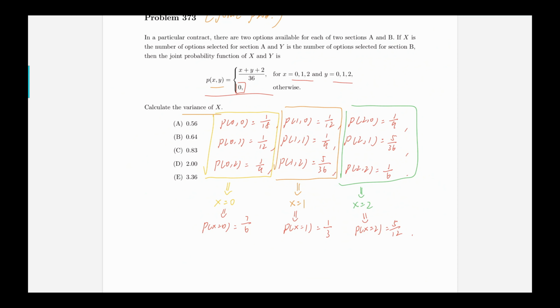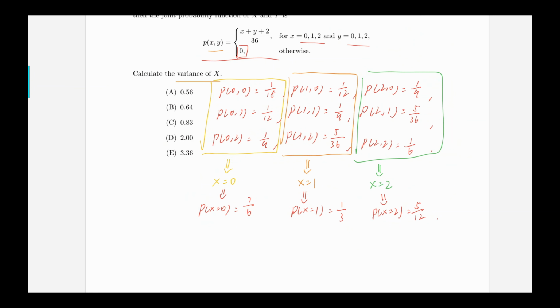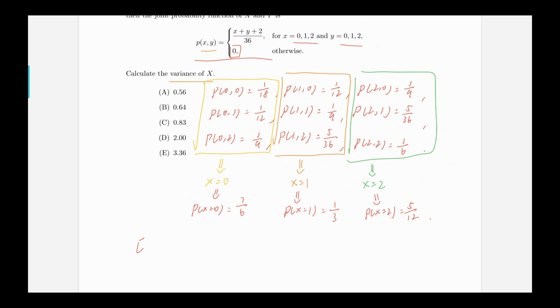So now let's go ahead and find the expectation. The expectation of x equals, by definition, 0 times the corresponding probability plus 1 times the probability plus 2 times the probability. Oh, sorry. I think the 7 over 6 should not be here.